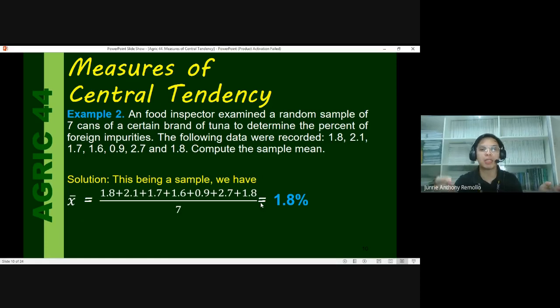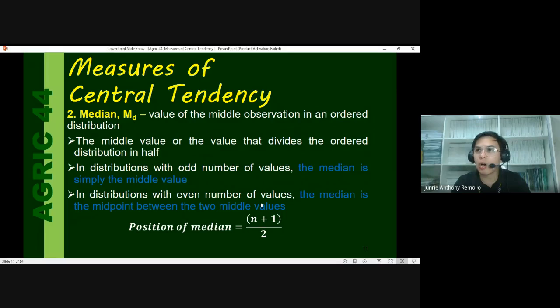Compute the sample mean. So the solution is, being a sample, we just add all the values and divide by the number of values in that set of data. If we add all the values and divide by 7, it will result in 1.8%. Okay? So that is all about the mean.